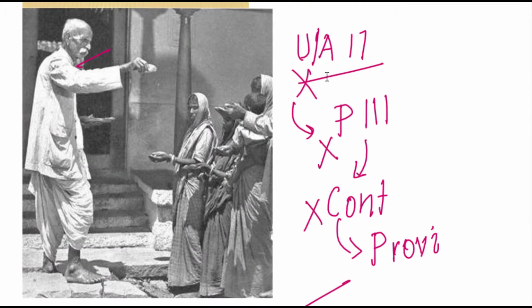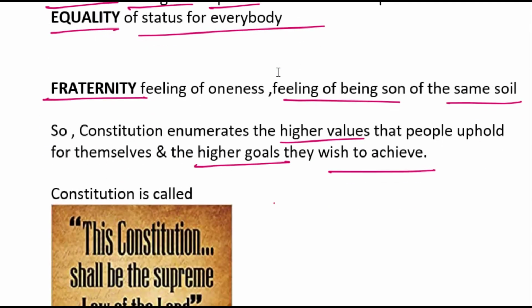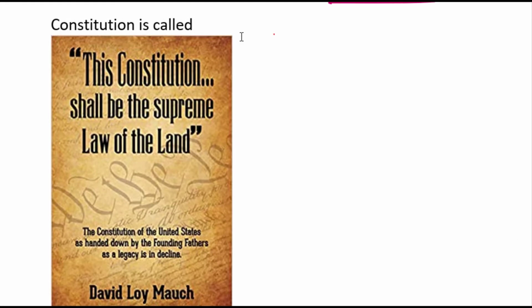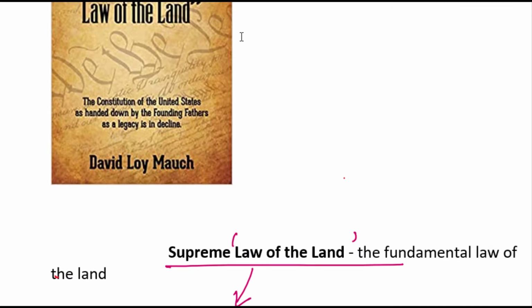We then looked at the faith and aspirations of we the people of India. The Constitution embodies the higher values and the higher goals which we wish to achieve. Then we saw that the Constitution is also known as the supreme law of the land, and thereby it enjoys a special legal sanctity.